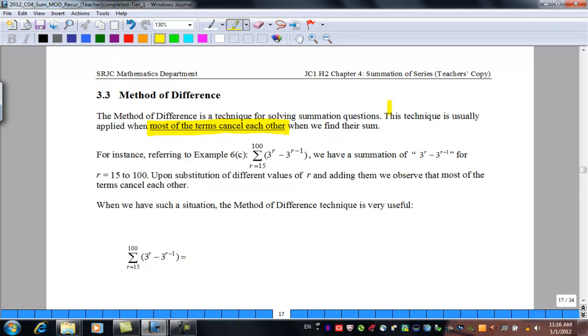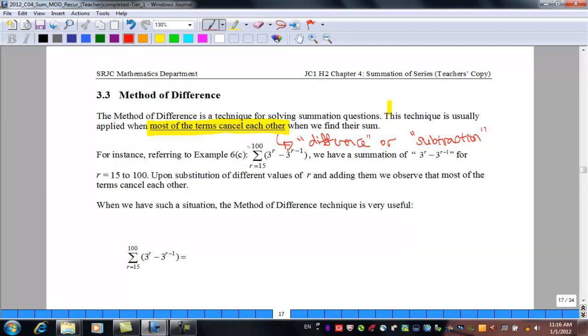This has basically one meaning, which is to say that in order for the terms to cancel each other out, we are actually going to need a difference or a subtraction in the terms themselves.